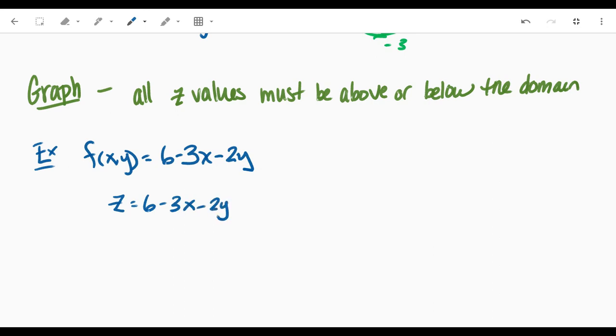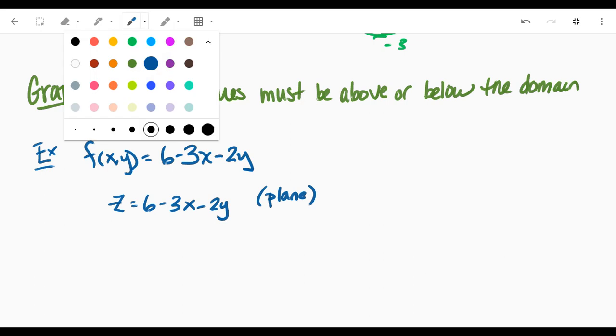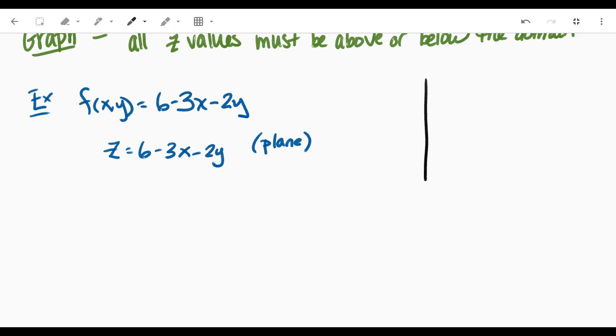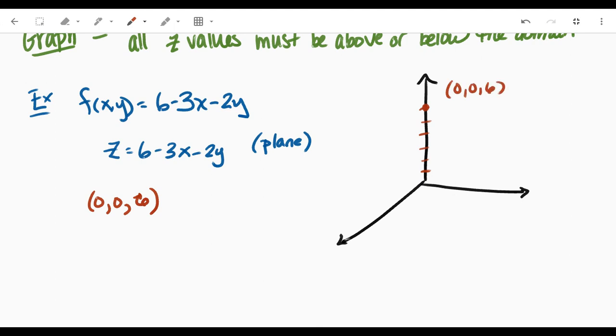And if you remember how we did a plane in Algebra 2, you found the intercepts, and you kind of made a triangle and you shaded it. Okay, so if x were 0 and y were 0, z would be 6. Okay, so we could plot 0, 0, 6.